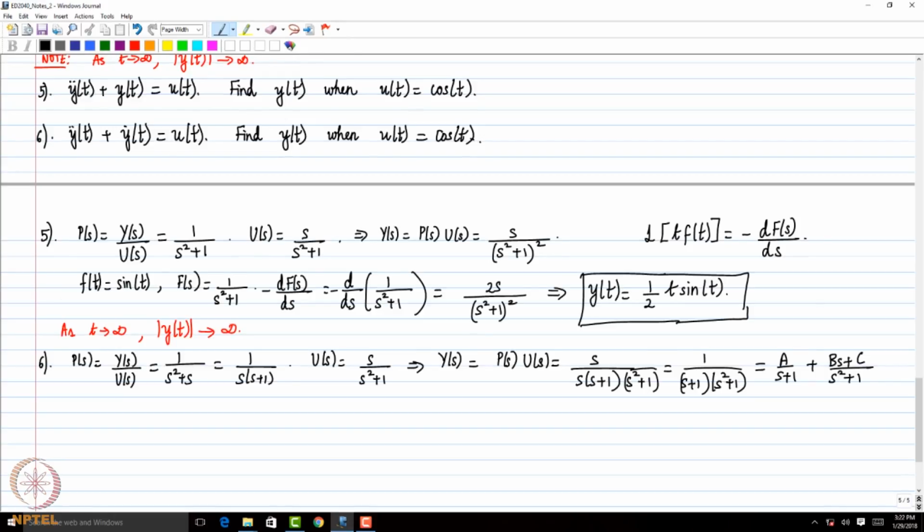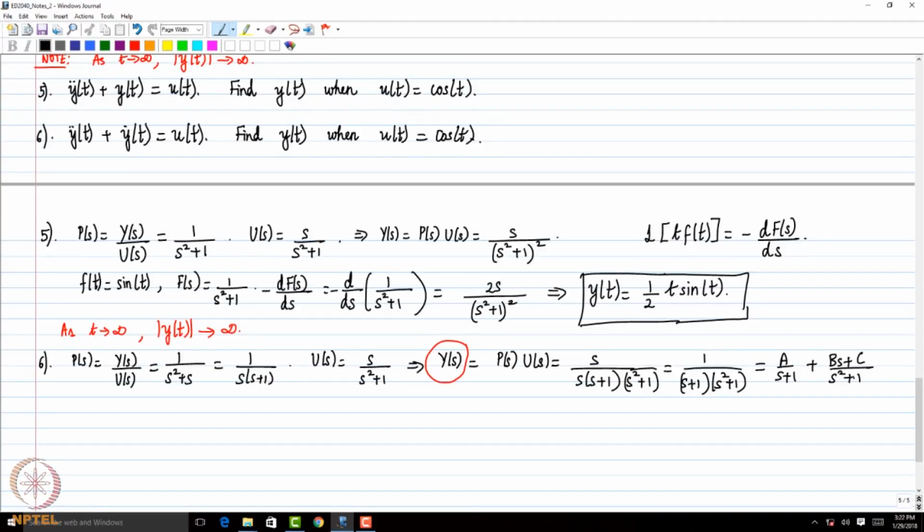Pole zero cancellation is an important concept, but this is not a pole zero cancellation, because what is the quantity that I am calculating? It is y of s, it's not p of s. 0 and minus 1 are the two poles of the plant. It so happens that based on the input that I give, there is a mathematical cancellation of s and s. That can happen.